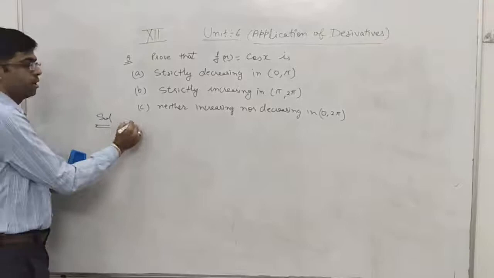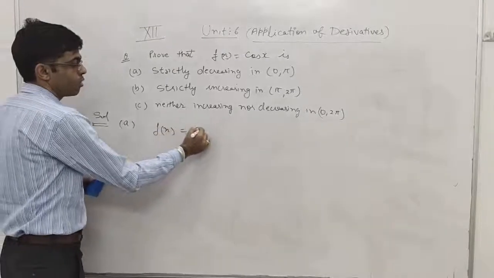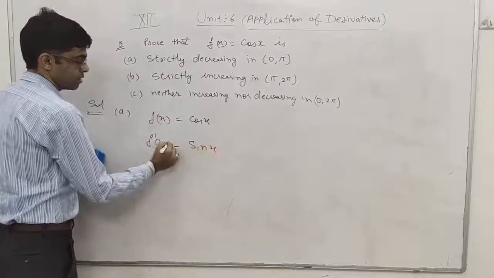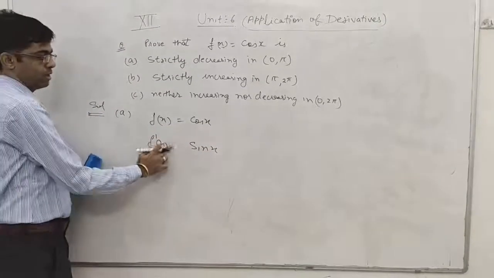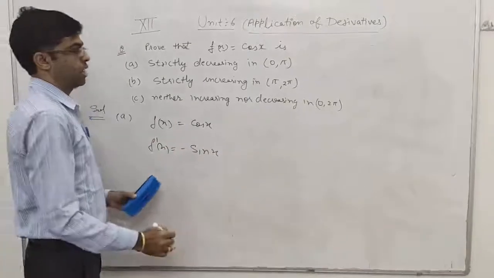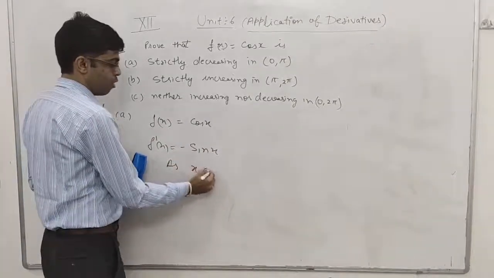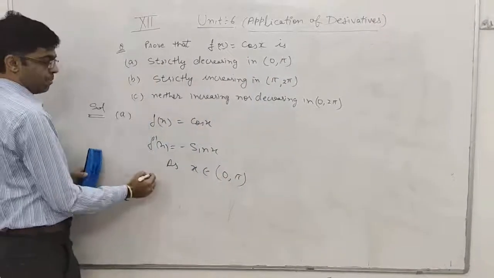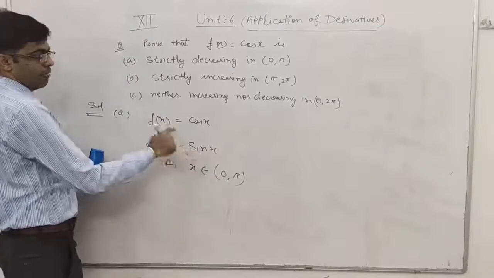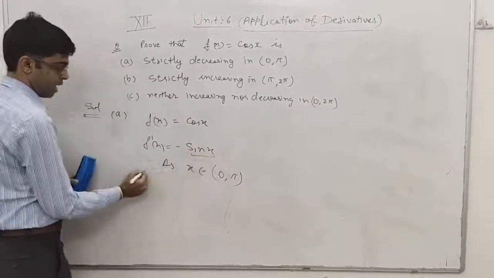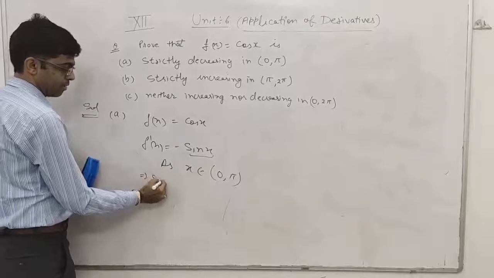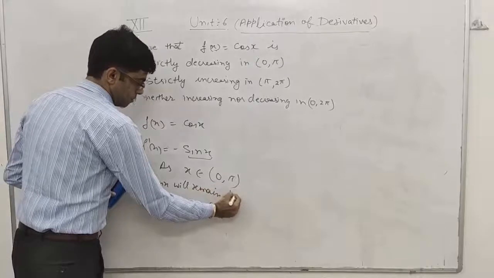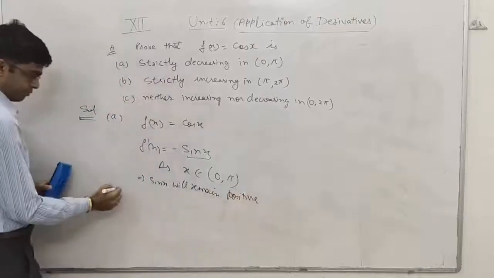So A part, f(x) is equal to cos x, f dash x is minus sin x. Now check, as x belongs to 0 to pi, 0 to pi में sin x will remain positive.